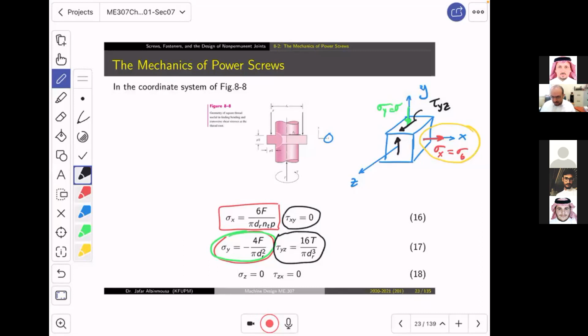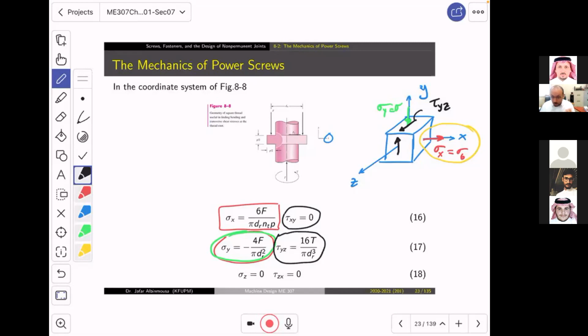Any plane, guys, like this, which has no shear stresses, is called the principal plane. Do you understand that? Sigma x is actually a principal stress. Do you get what I'm talking about?